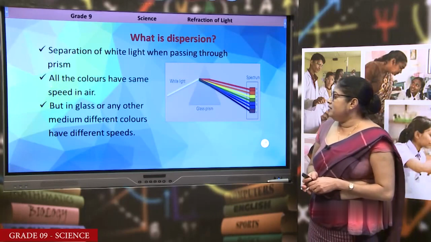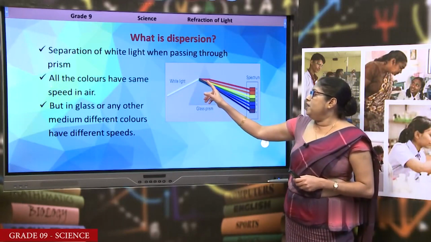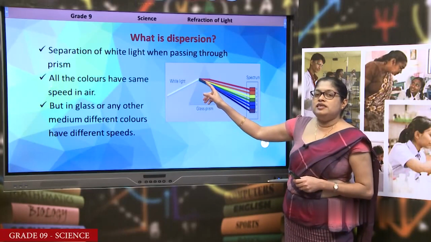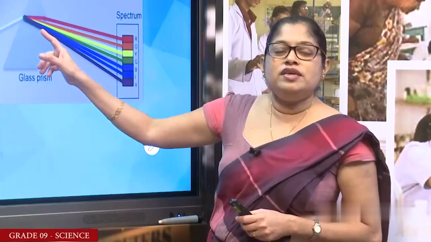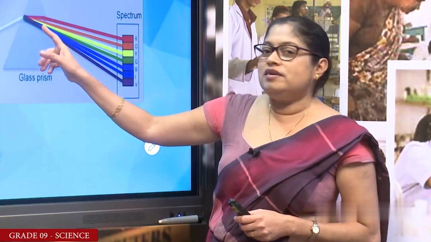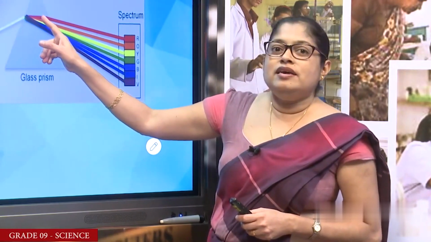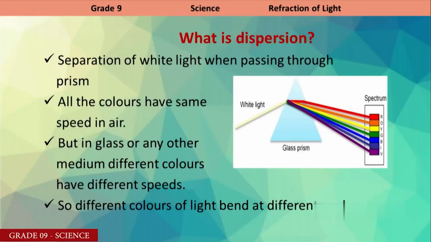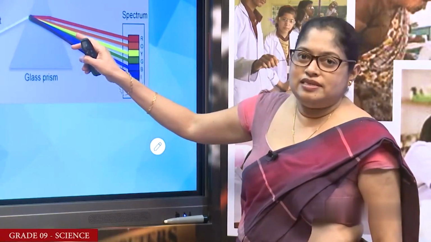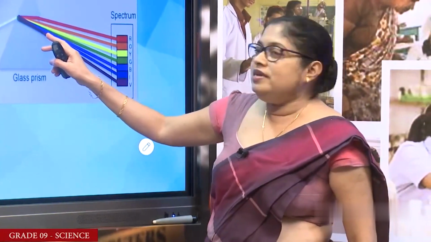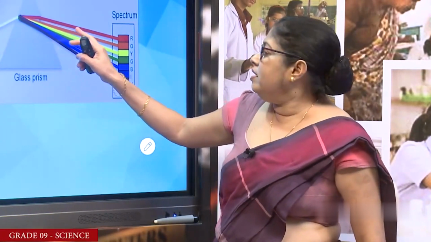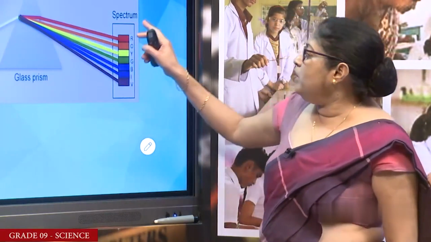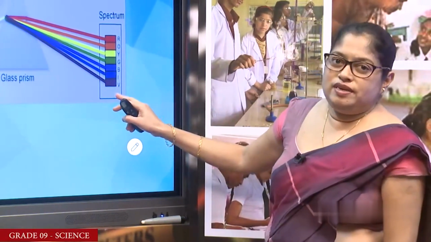Because of that, inside the glass prism, different colors bend at different angles depending on the speed of light in the glass. In this picture you can see violet color bends more and red color bends less. That means violet is refracted more than red. This is the spectrum you obtain.